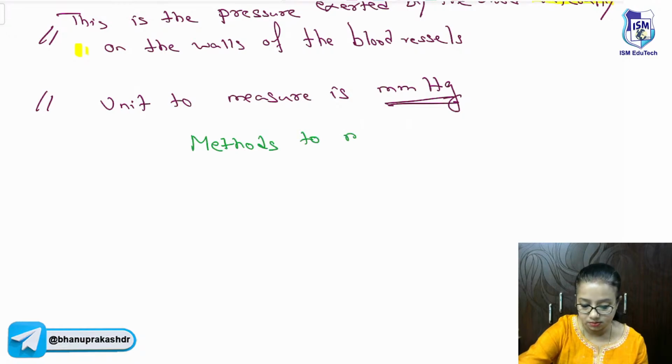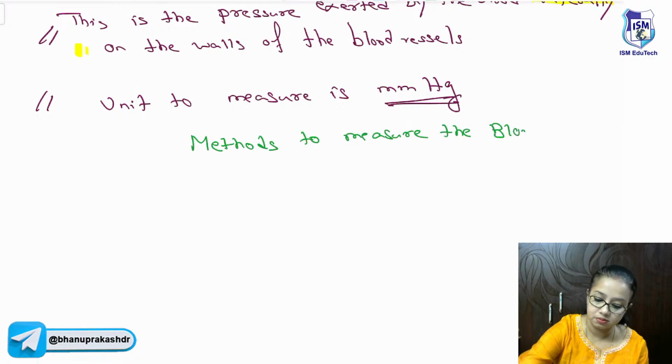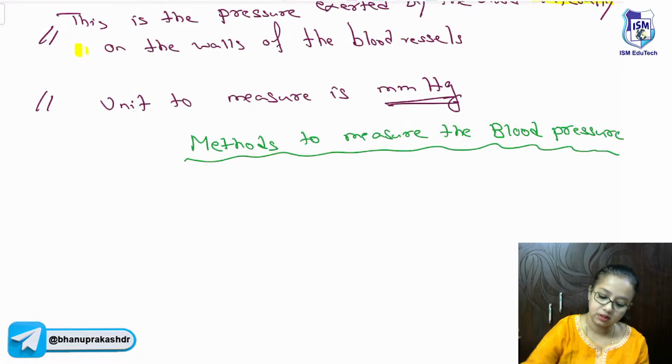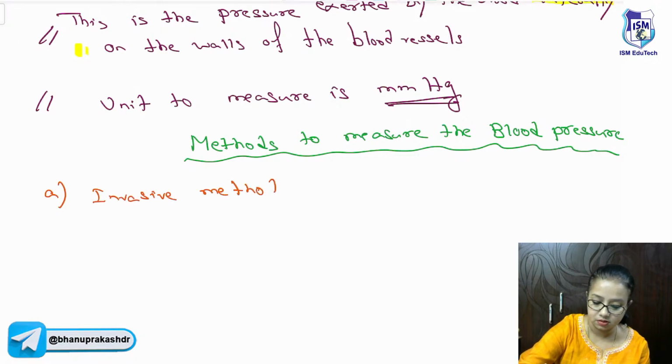Now, what are the various methods to measure the blood pressure? These days, there are many ways to measure blood pressure. Firstly, when it evolved, there was one invasive method which was painful and it soon became obsolete.